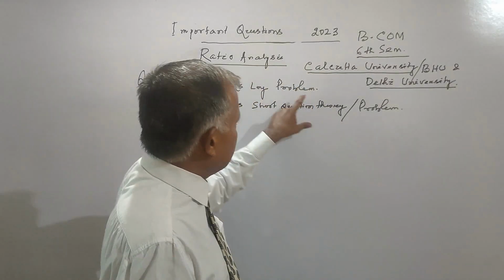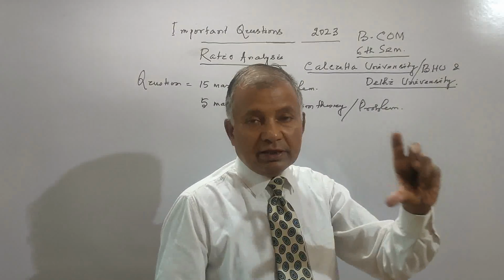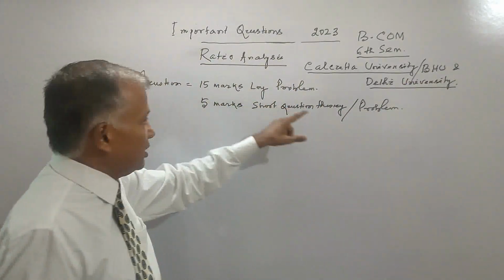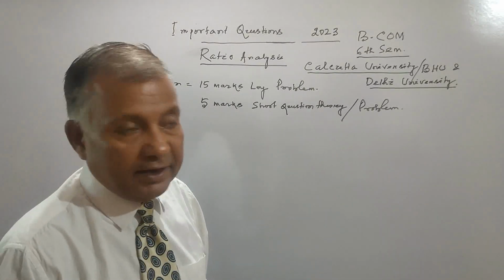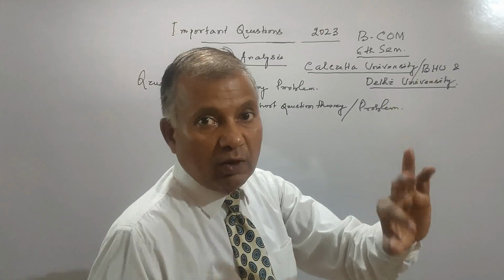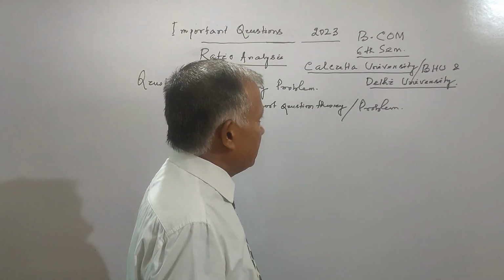So far as Calcutta University is concerned, in BHU they also ask questions, but only 1 question because their syllabus is a little bit different. They ask 1 question, maybe 12 marks or 15 marks, in the problem question paper.